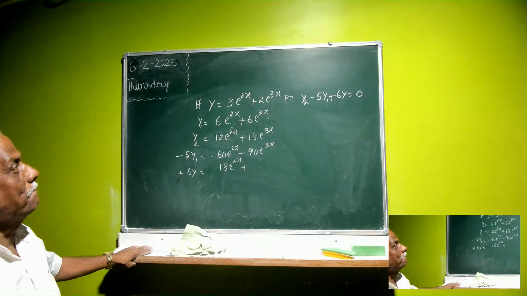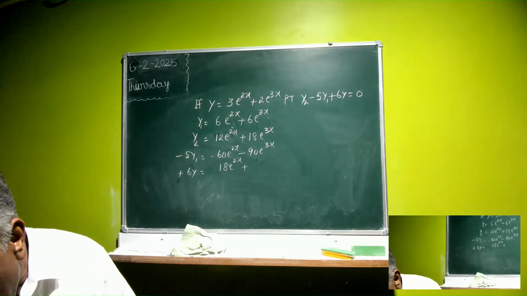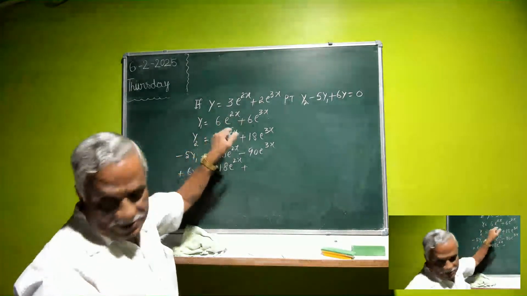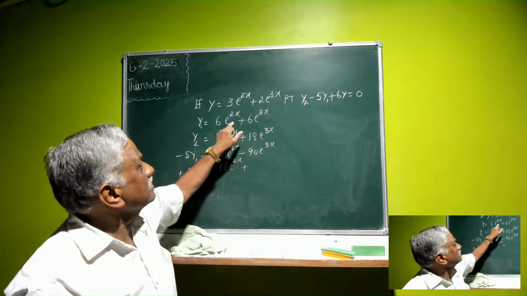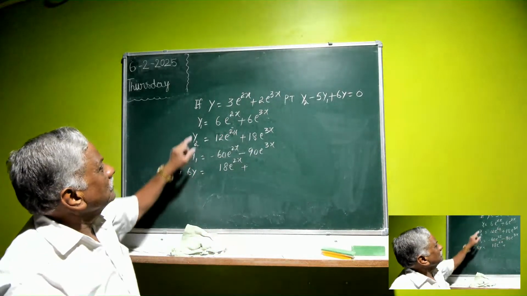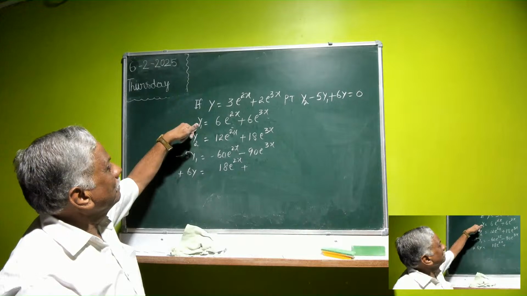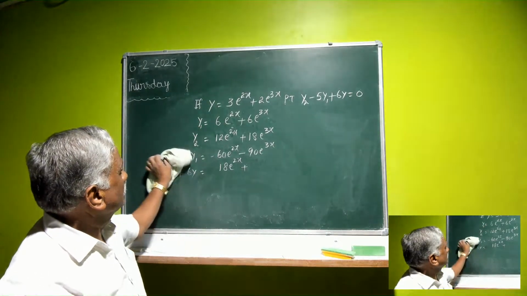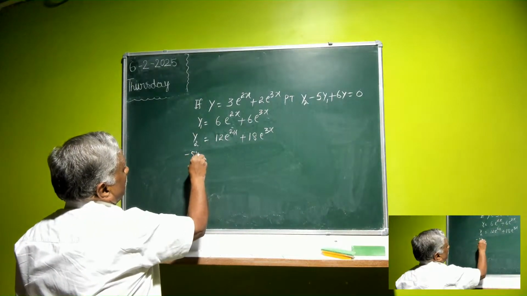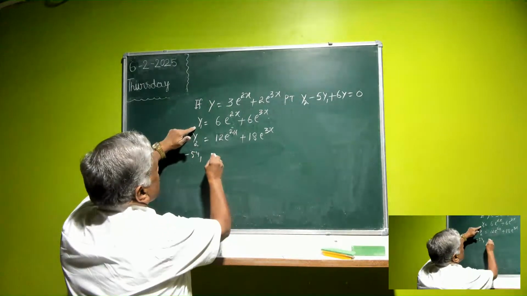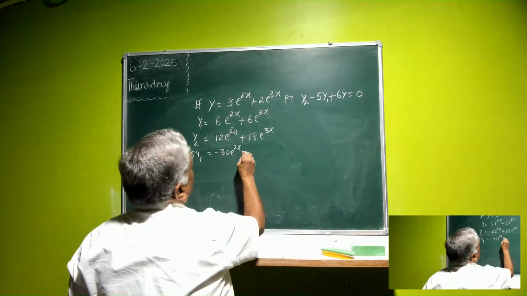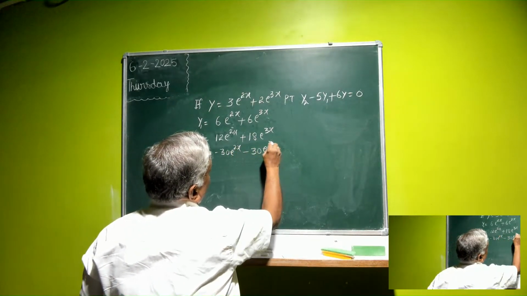There is some problem. Well, 6 into 2 is 12 e^(3x). 5y1 means I multiply y1 by 5, that is minus 30e^(2x) minus 30e^(3x).